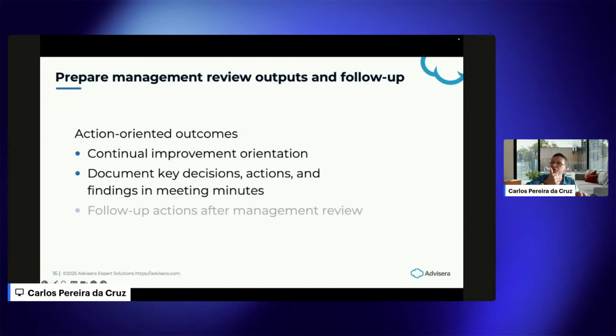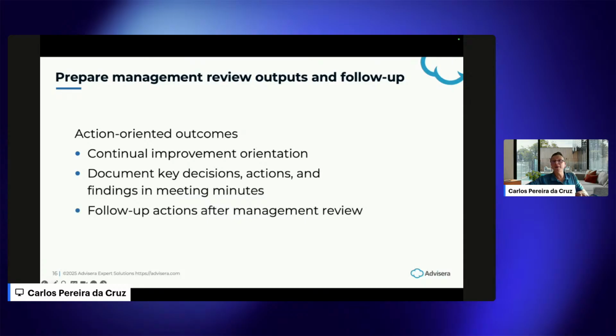The conclusion should summarize the findings and discussions of the management review meeting. It should indicate whether the EMS remains suitable, adequate, and effective. Sign off and approval. So obtain signatures or approvals from relevant management personnel to endorse the final conclusion documentation.